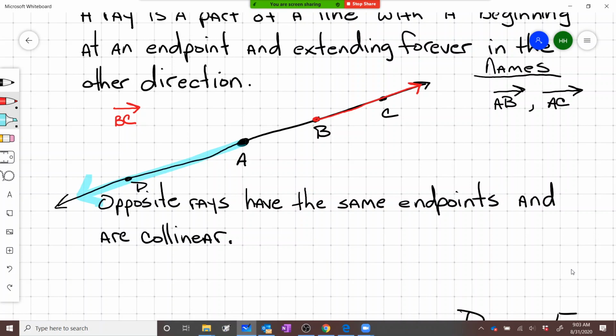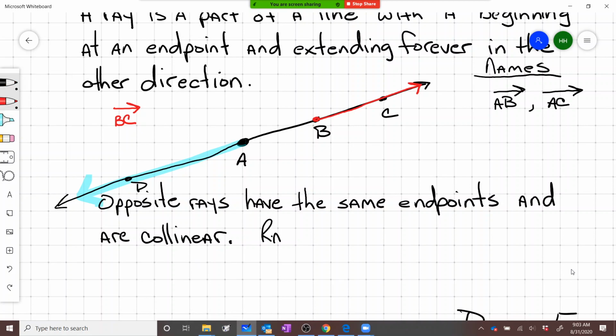Ray AD starts at A, goes through D forever. Ray AB starts at A, goes through B forever. You see how they go in opposite directions of each other and share the same endpoint A?